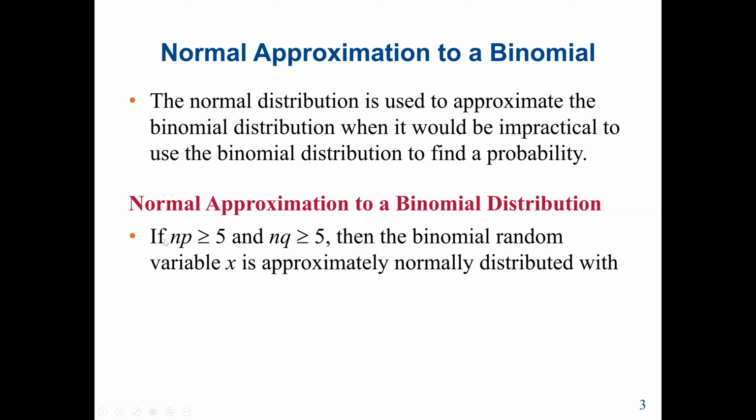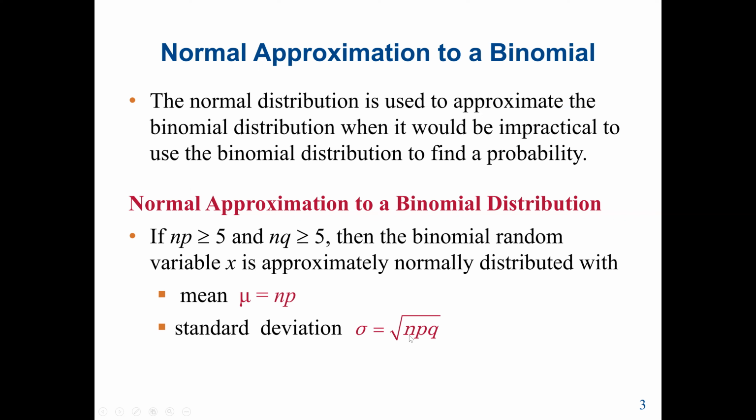N is the sample size, P is the probability of success, and Q is the probability of failure, so always Q equals 1 minus P. If NP is greater than or equal to 5, and also NQ is greater than or equal to 5, then the binomial random variable X can be approximately normally distributed with the mean equal to NP and the standard deviation equal to the square root of NPQ.